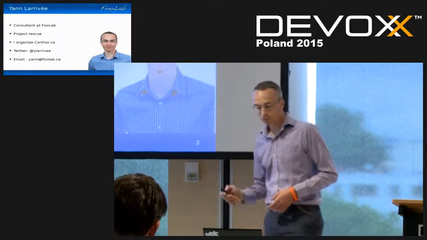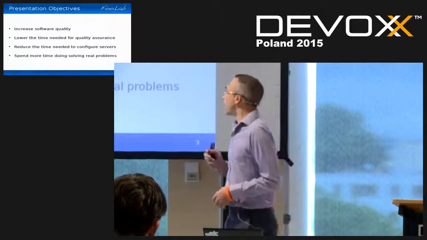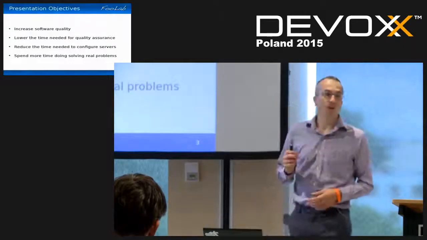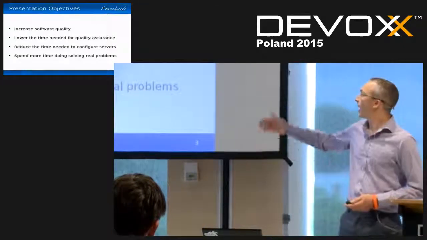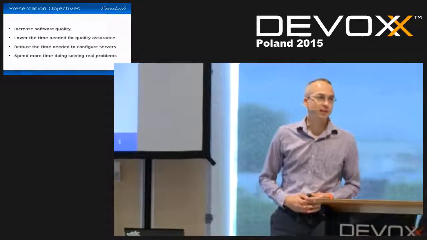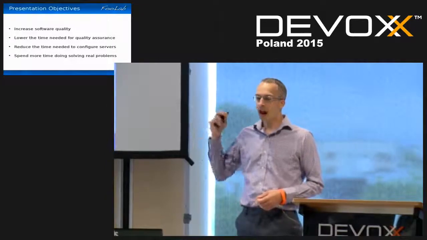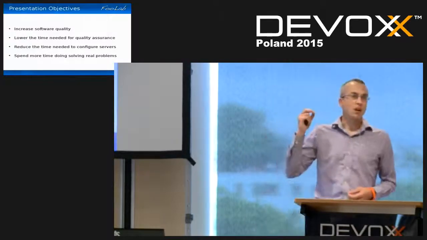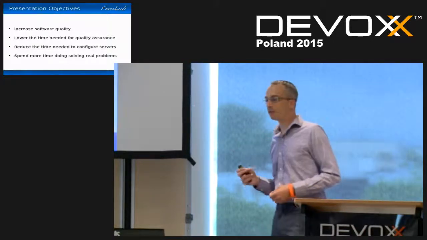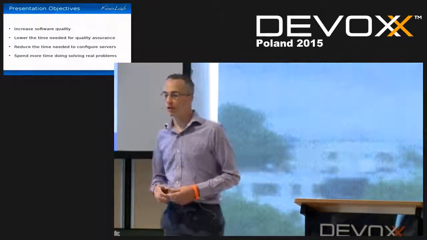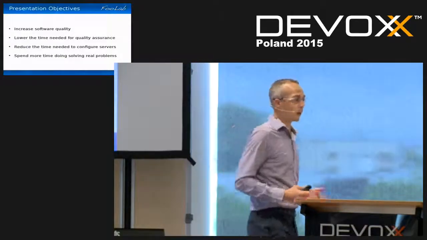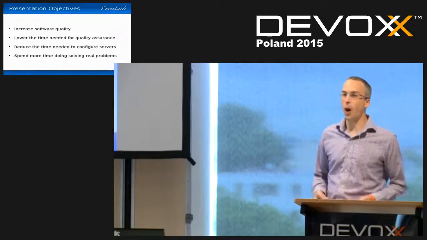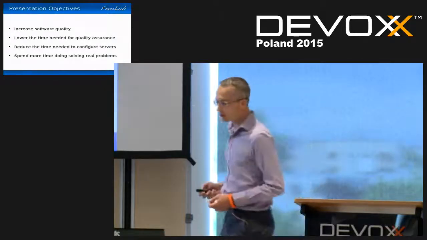All right. So my presentation objectives are very simple. I want to increase the software quality with this presentation. I want to lower the time needed for quality assurance, reduce the time needed for configuring servers, because we're paid to actually solve real problems, not configure machines.